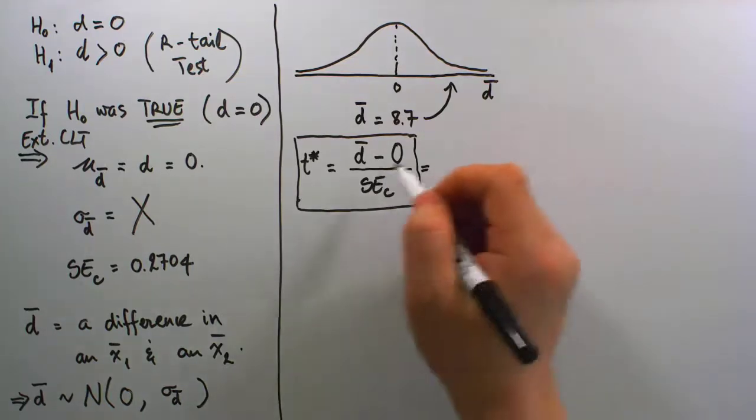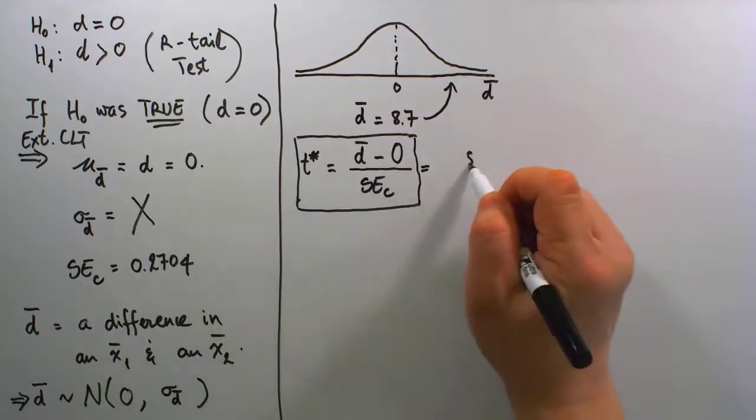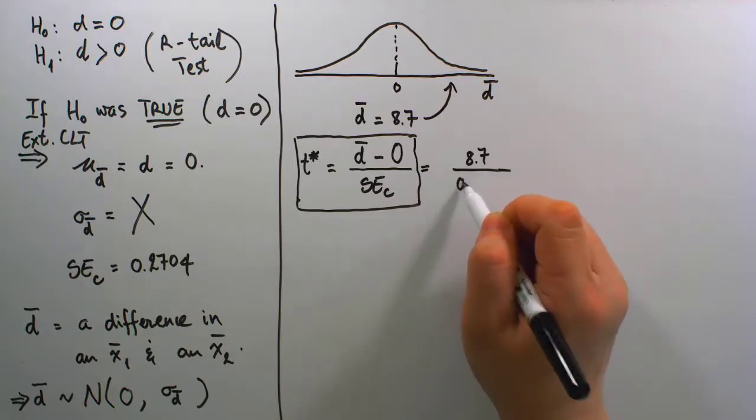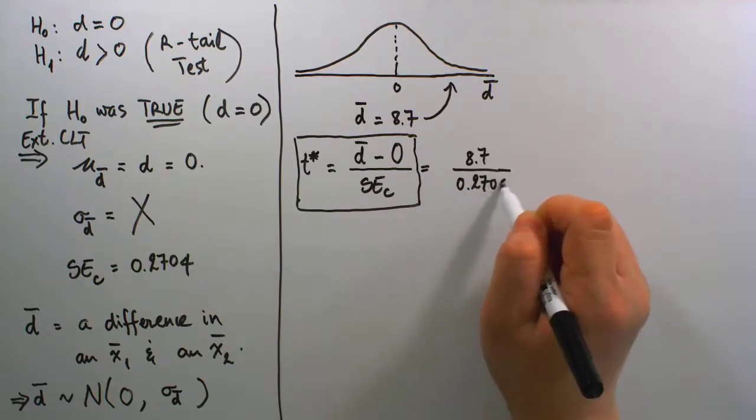Now in the actual calculation, we're looking at positive 8.7 divided by 0.2704.